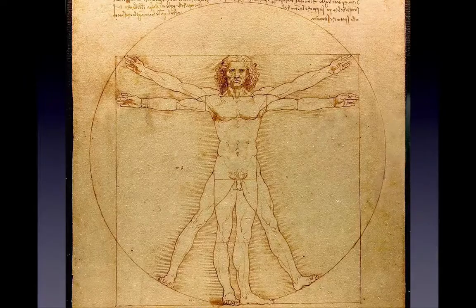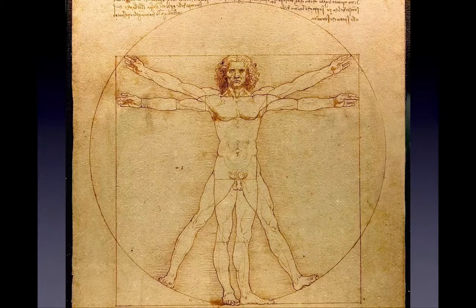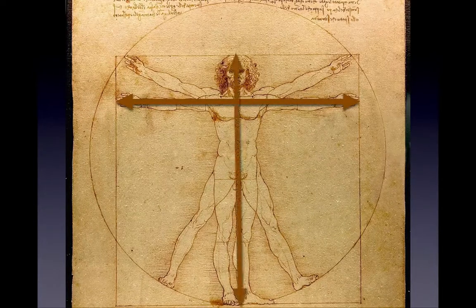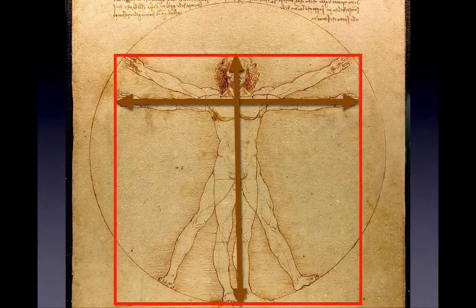Okay. So a little bit of art history here. This is a drawing by Leonardo da Vinci from the 15th century. It's called the Vitruvian Man, and it was because of a Roman architect, that basically said that the perfect human proportions, if you took a man's the width of his arms, they should be equal to his height, basically creating a perfect square.